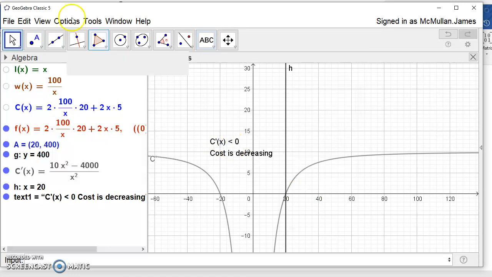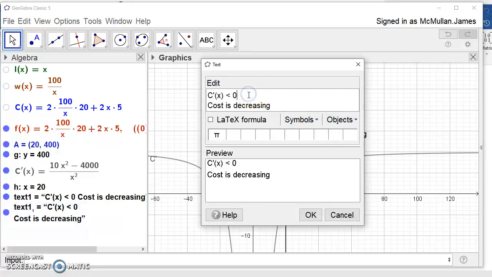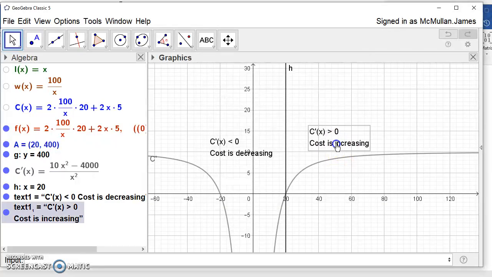Now, on the other side, you can see that C prime is positive. Over here, sorry, just fix this up so it says the right thing. And therefore, the cost is increasing. Well, if the cost goes from decreasing to increasing, then we've just proven that a local min has to have occurred, right? Because your slope is going down, and then it's flat, and then it's going up. So you've proven to me that it's a minimum.